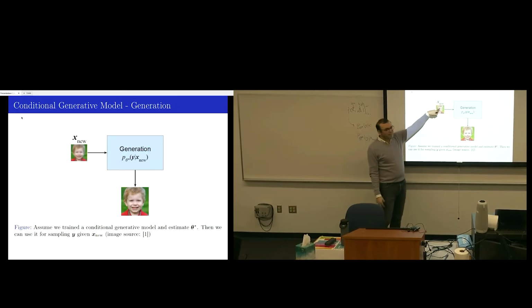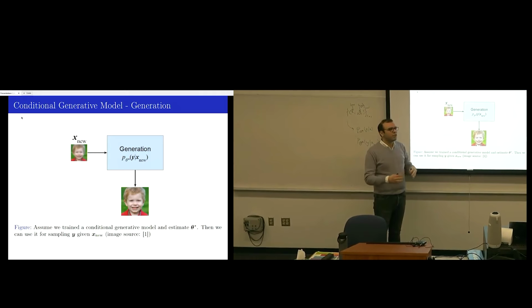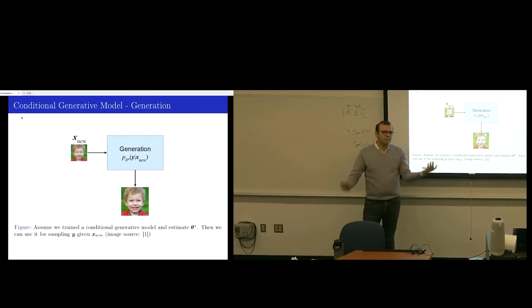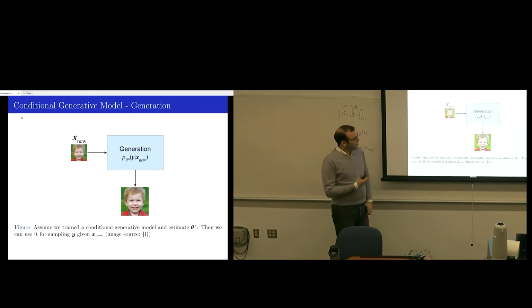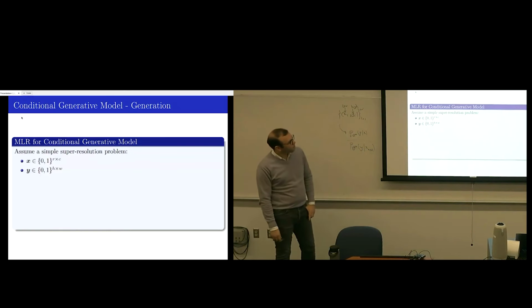It looks at this X and generates higher resolution. It may generate several samples. You can generate different types of higher resolution and give them to a person to select the best one. But the application is that you can generate different samples.